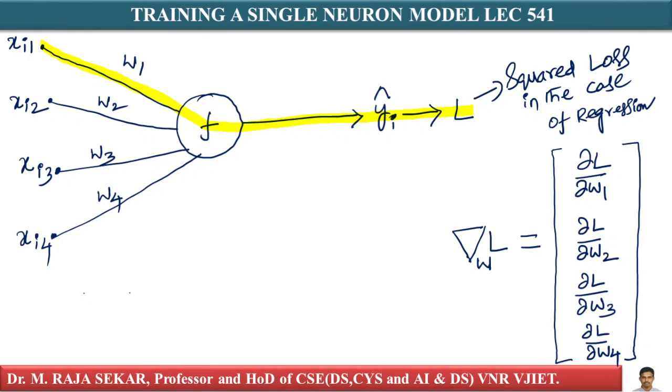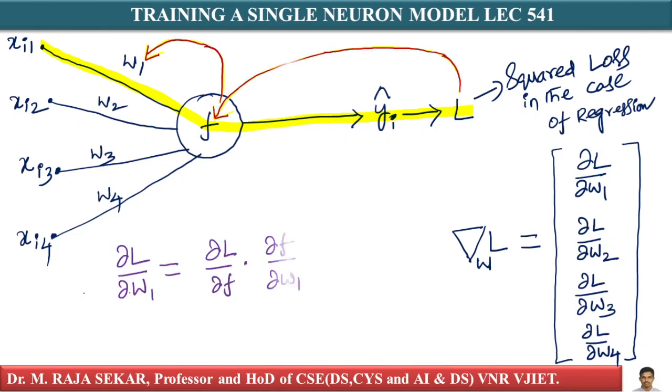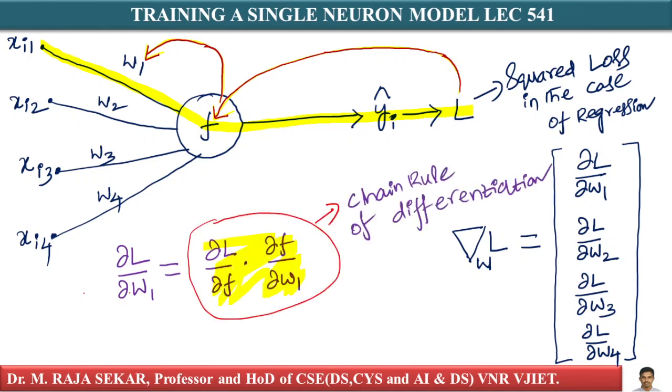So let's say dou L by dou W1. If you look at the path here, you want to compute the derivative of L with respect to W1, that is dou L by dou W1 equals dou L by dou F into dou F by dou W1. This is called the chain rule of differentiation. I am taking the path from W1 to L, this path.